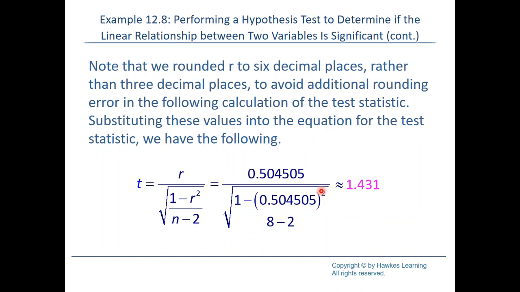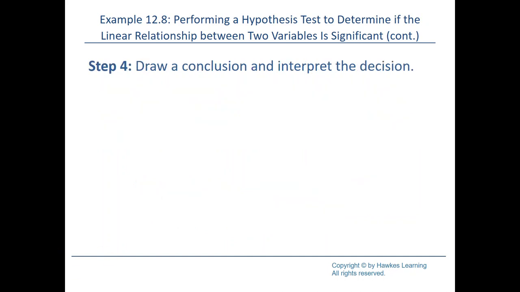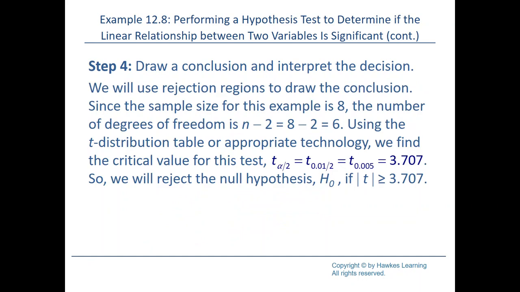Now that we've got our test statistic, we need to draw our conclusion. The one thing my calculator does not tell me is the rejection region, which comes from my critical value.